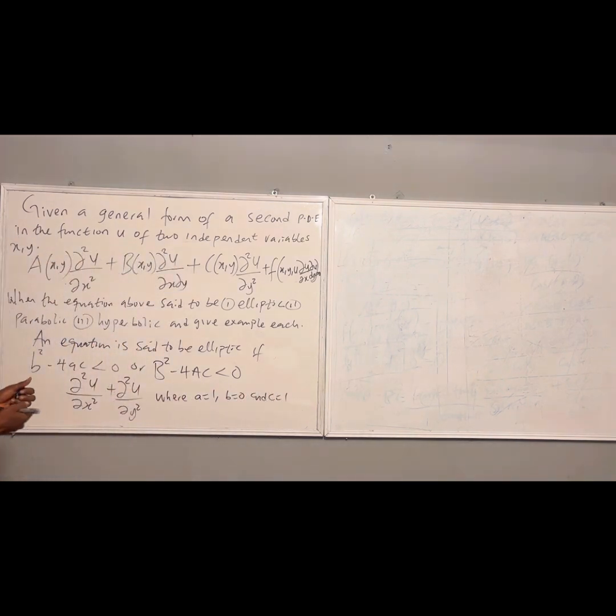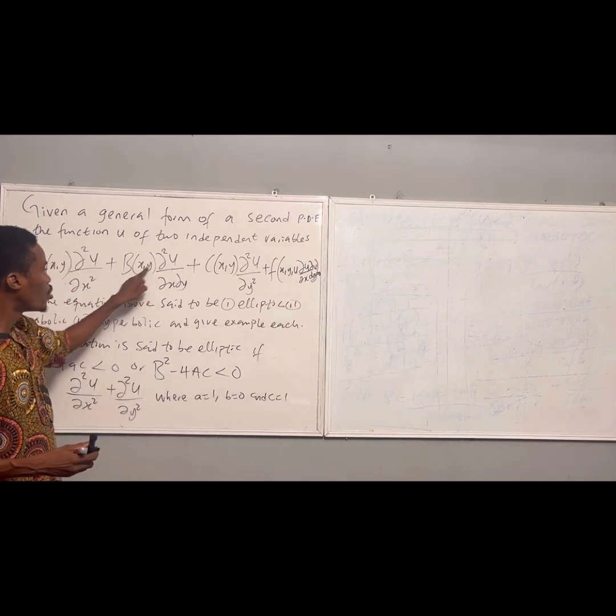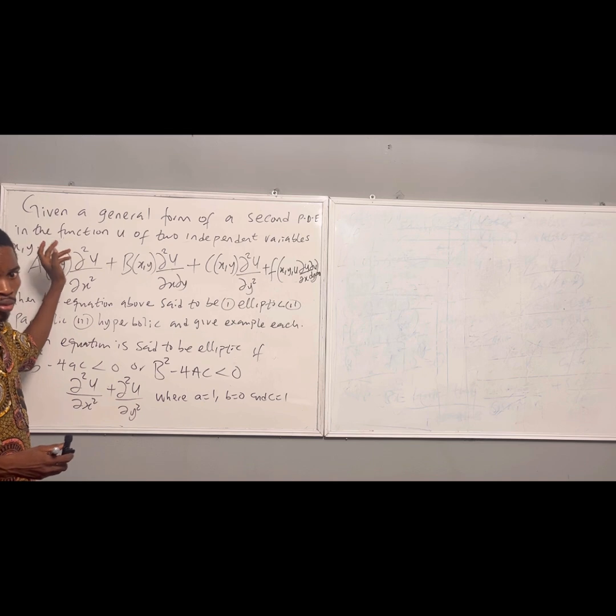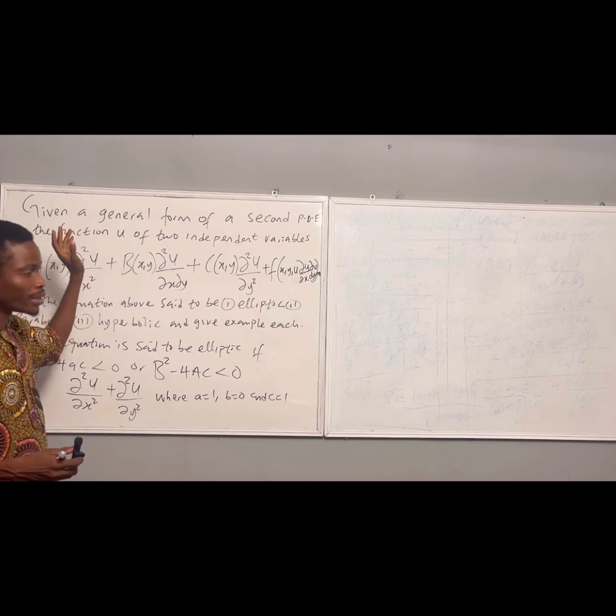It means if our a is 1 here, 1 will multiply this one, and I'm going to have ∂²u/∂x². Plus, if our b is 0 here, 0 will multiply this one, so all of it will be 0. So it is not needed.